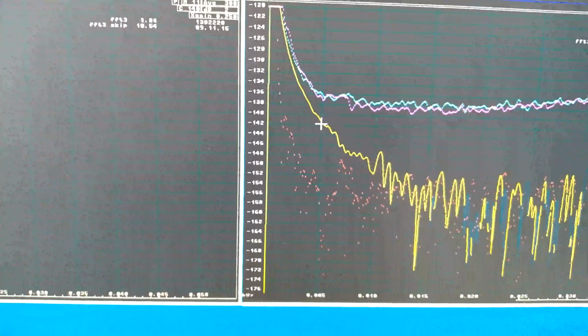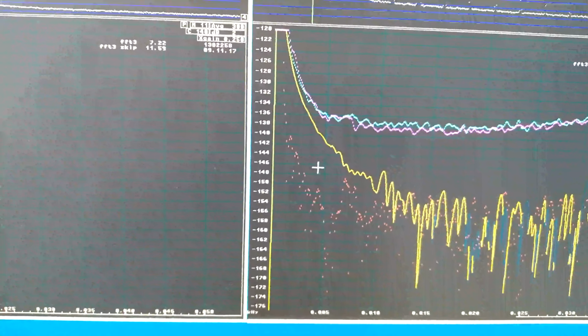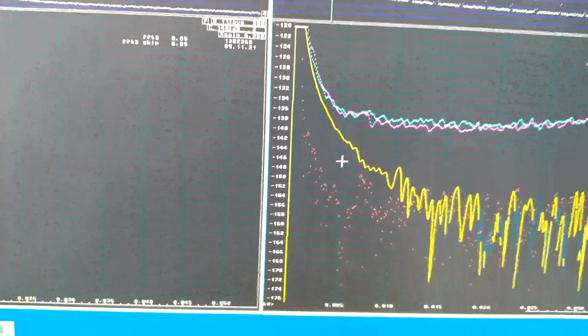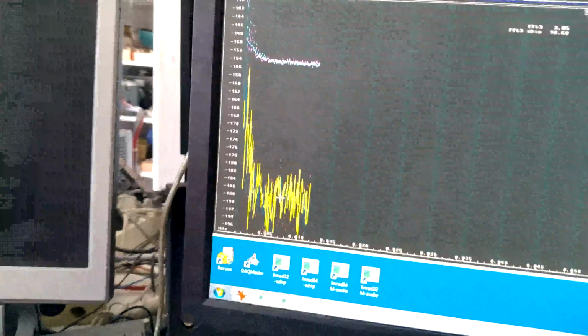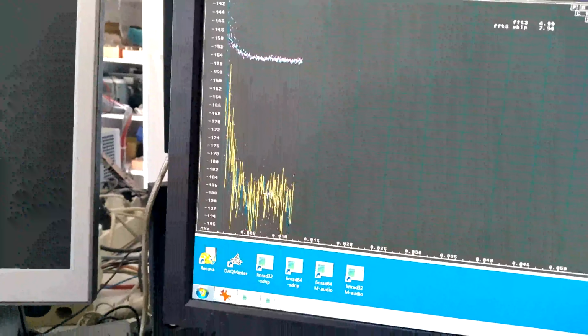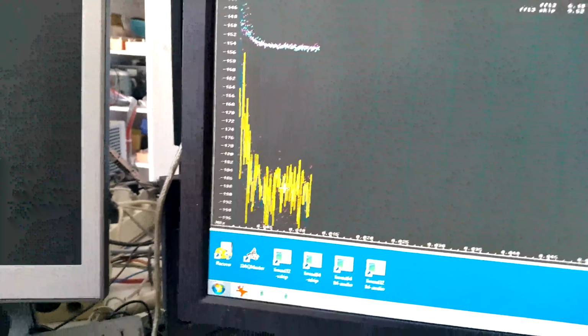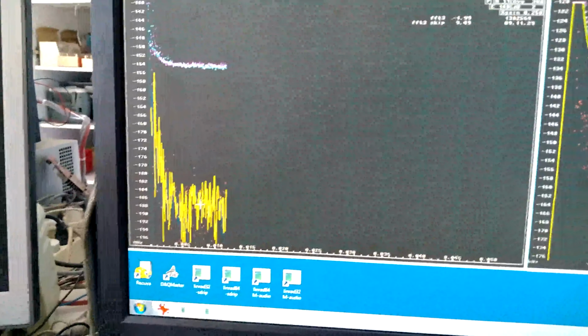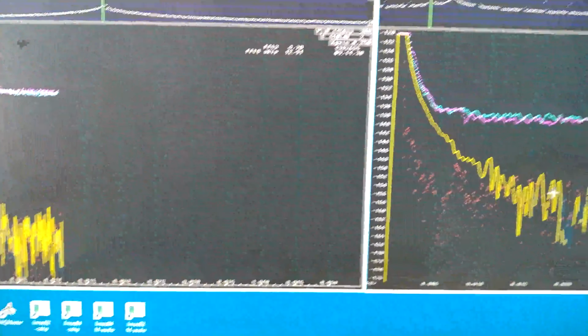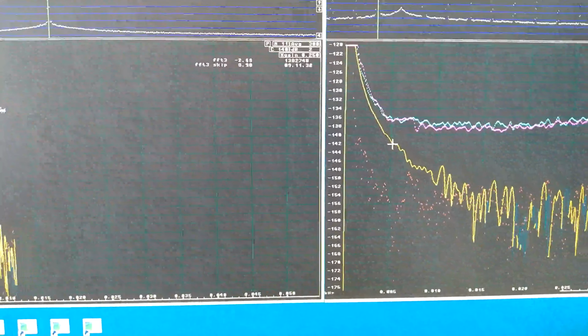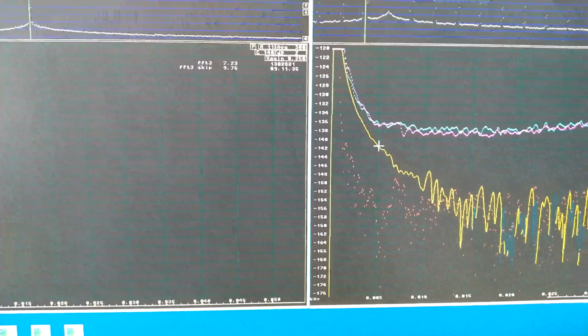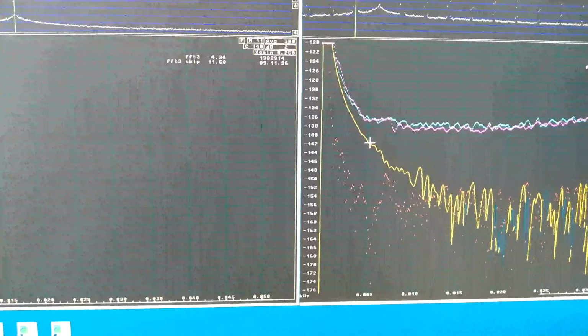So I have lost 1 decibel by increasing power like this, while I have gained maybe 8 decibels on the wide range. That is not a good compromise. I want the close range much more than the wide range.